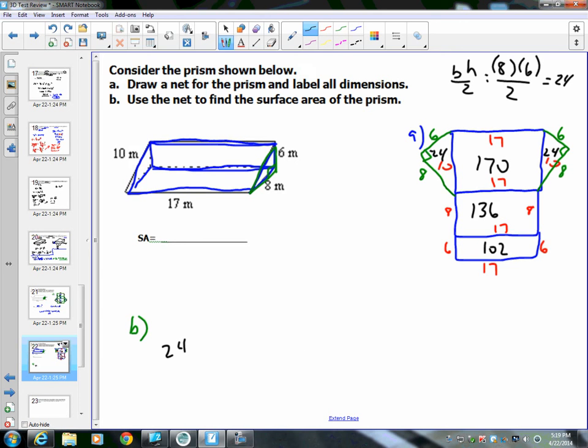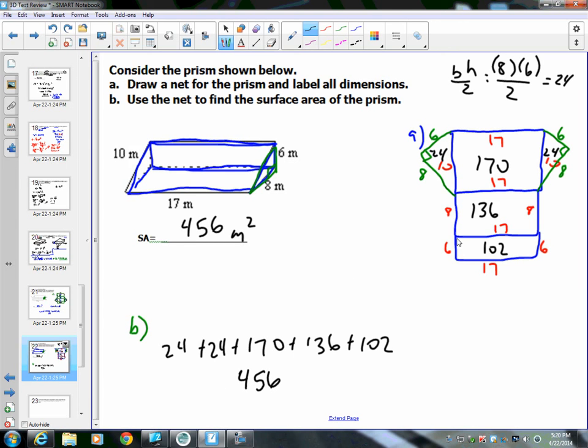So we have 24 plus 24 for the 2 triangles, 170 for the big rectangle, 136 for the middle rectangle, and 102 for the smallest rectangle. 24 plus 24 plus 170 plus 136 plus 102, we end up getting a total surface area of 456. The units are meters, and this is squared.